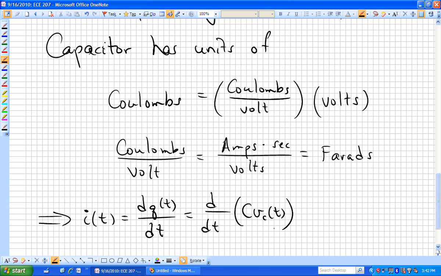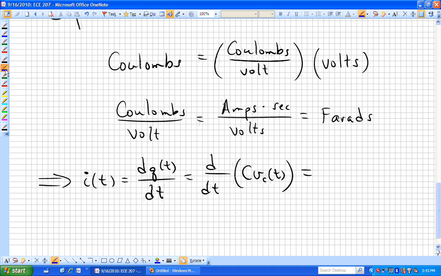We can't do one thing to one side of the equation and nothing to the other. We have to be consistent. Now, as long as this proportionality constant is constant, if it's not changing, then we can pull it out of the derivative sign. In some cases we actually don't have a constant C.